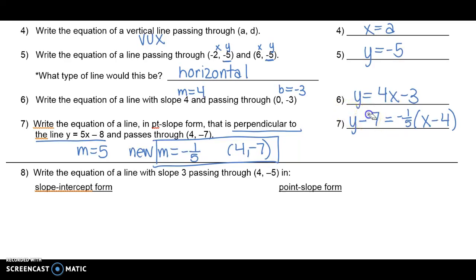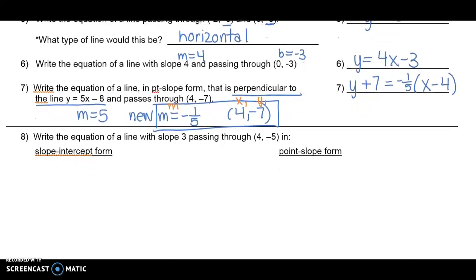This minus a negative flips to a positive. And again, the reason I was able to plug this in as is, this is my x1, this is my y1. That is identified as my slope. And then at this point, we're just asked to keep it in point slope form. So we can keep that as is.